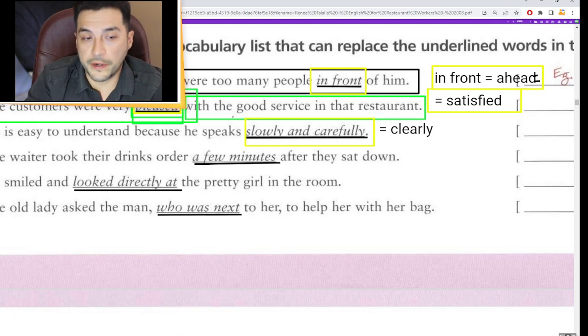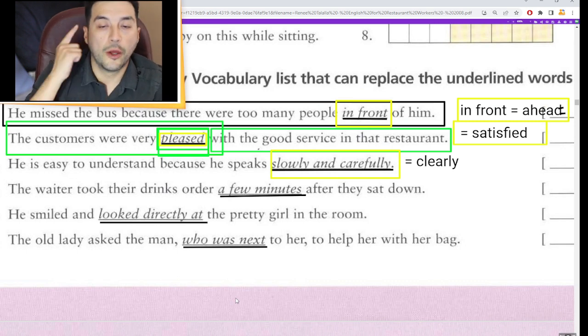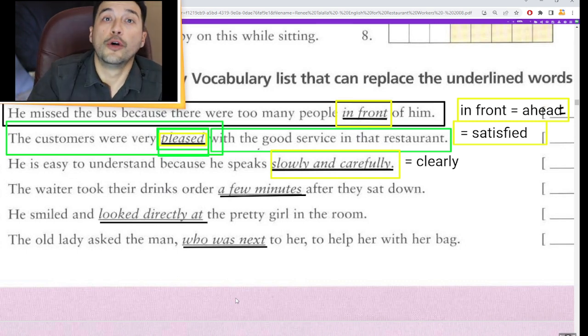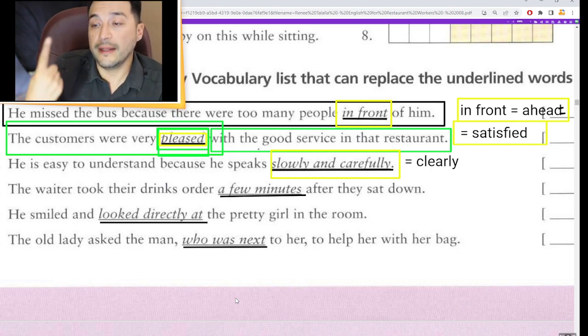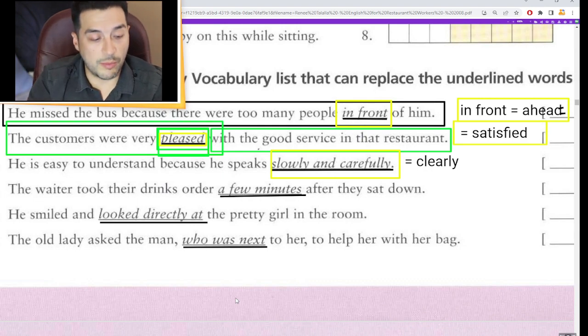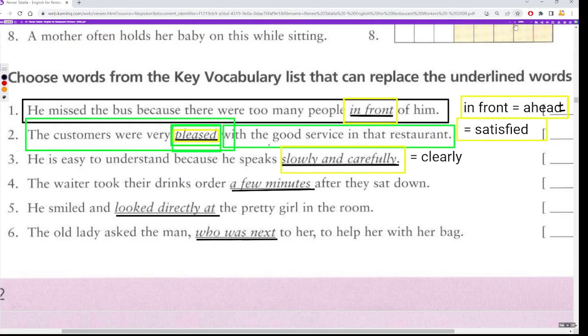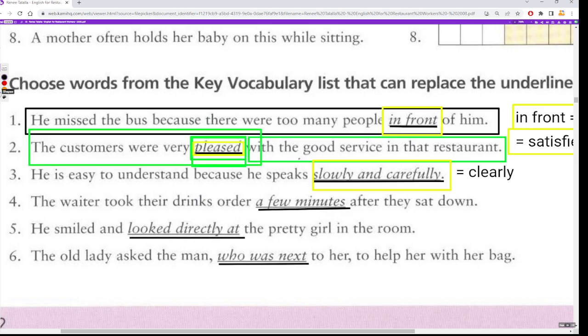Okay, ready for number 4? Let's check number 4. So now we know what we're doing. We're looking at the list for key vocabulary. We got clearly, satisfied, ahead. Now let's do number 4. The waiter took their drinks order a few minutes after they sat down.